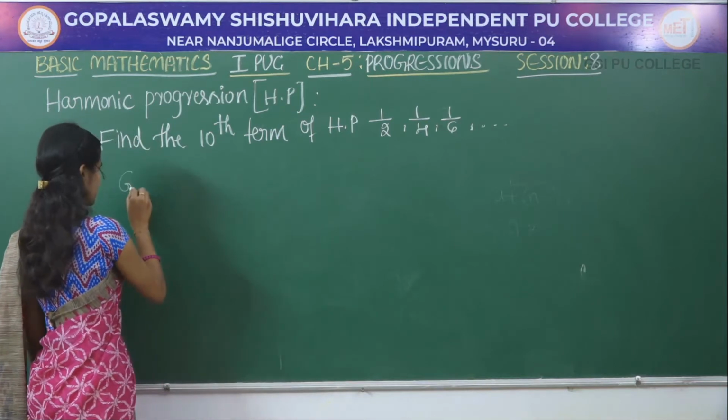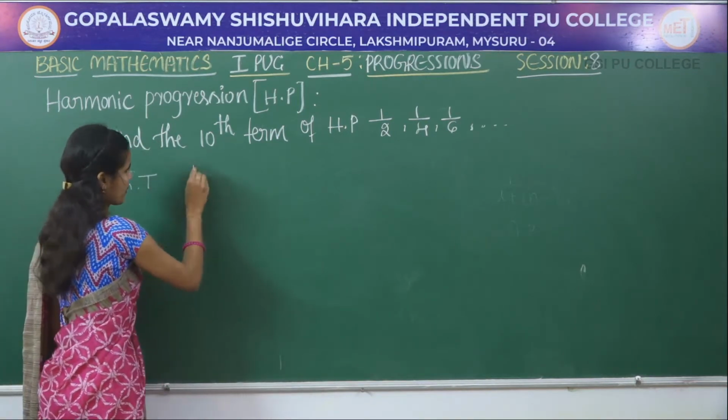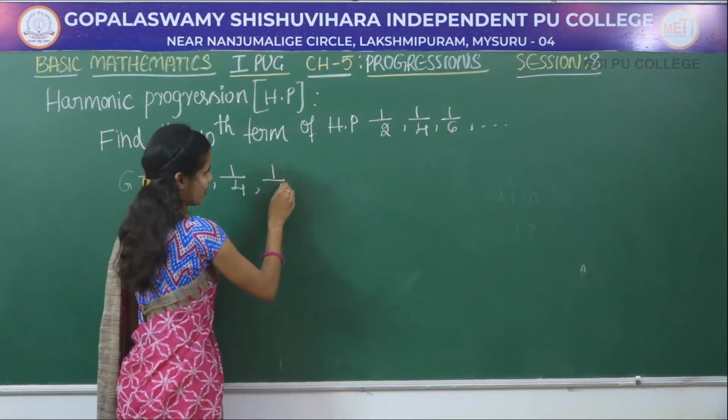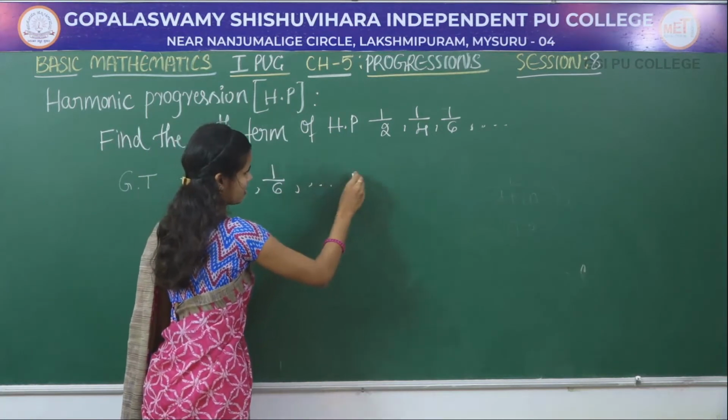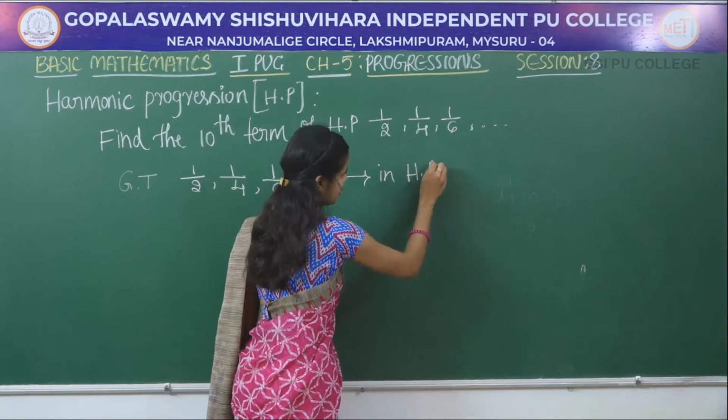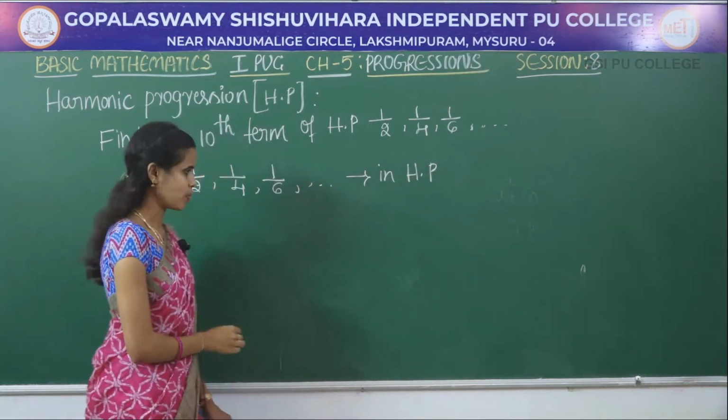So first write the given data. Given that 1 by 2, 1 by 4, 1 by 6, etc. is the given sequence in HP.